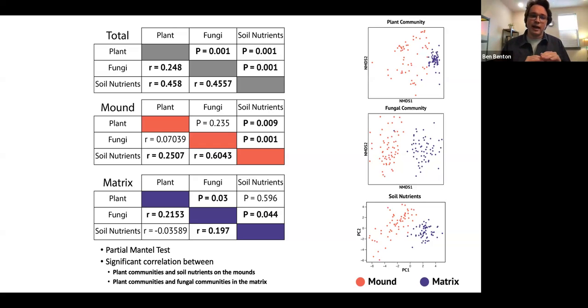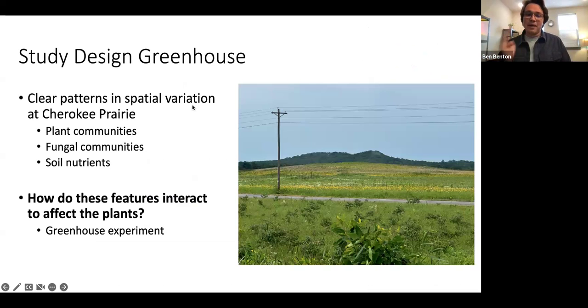All of it was looking at the soil nutrients, because I was exploring and trying to quantify the interaction of the microbes with the soil nutrients, because there's that important relationship of fungi. They can either be pathogenic or mutualistic, helping the plants more efficiently uptake nutrients. So I didn't really look at the physical properties of the soil in the field study, but moving on to the greenhouse experiment, I do address that somewhat.